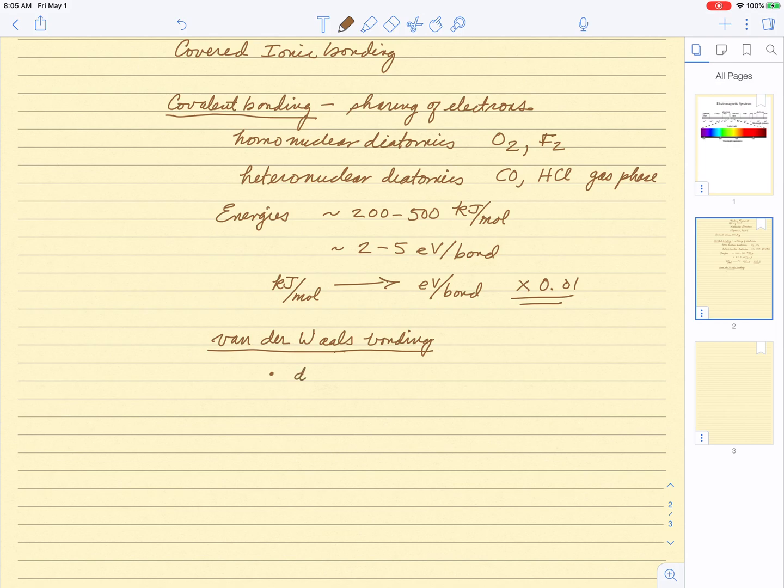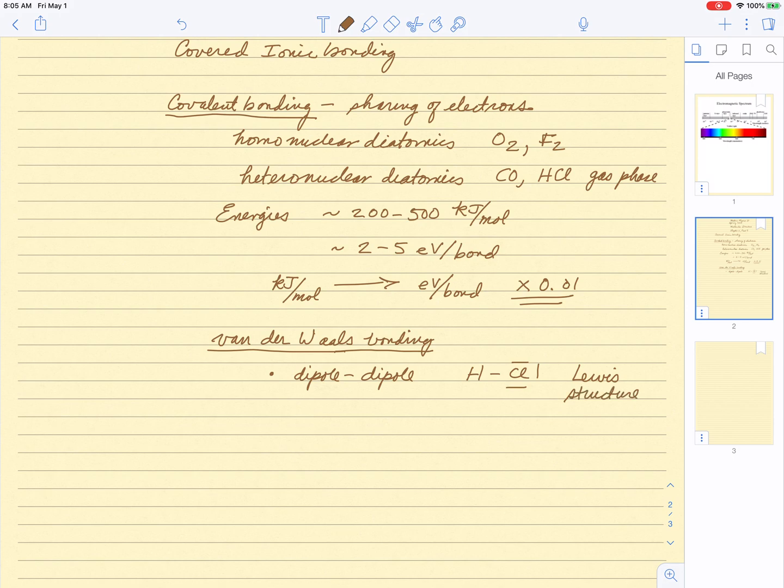So first would be dipole interactions. Okay, these are for molecules that have an asymmetric distribution of electrons. For instance, HCl, and this is the Lewis diagram, Lewis structure for HCl.